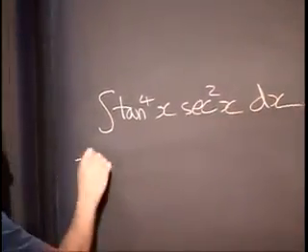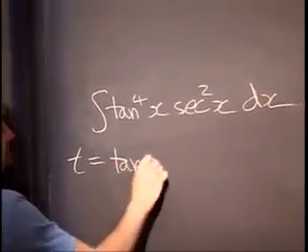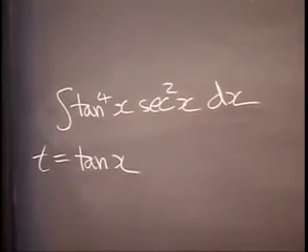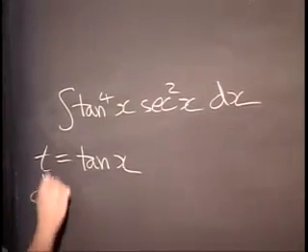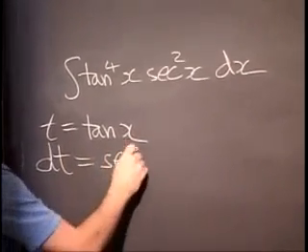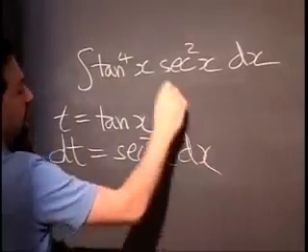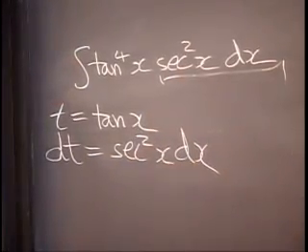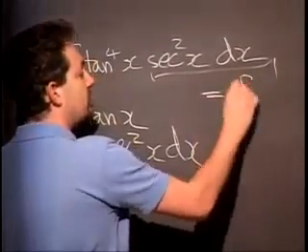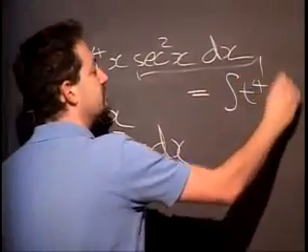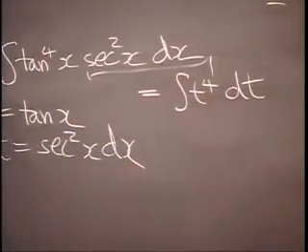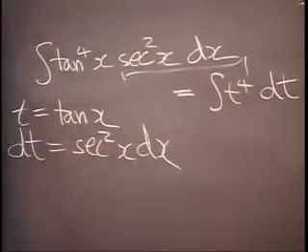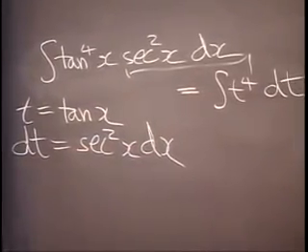Let t be tan x. That's specified in my process above. dt is secant squared x dx. And guess what? We have that sitting right there. So this is just equal to t to the 4th dt. Tan to the 4th is t to the 4th, and secant squared x dx is dt.